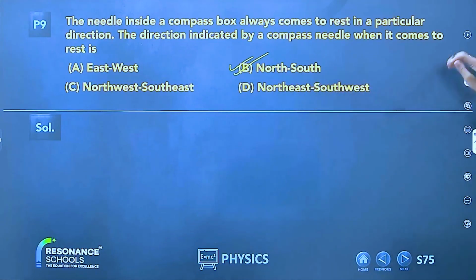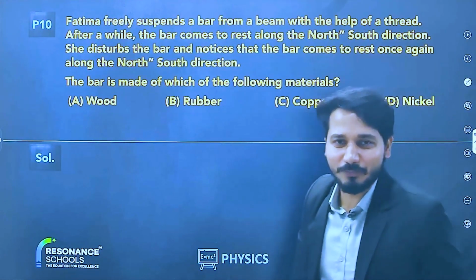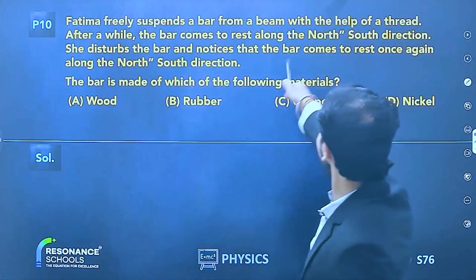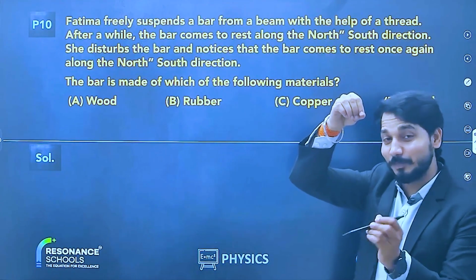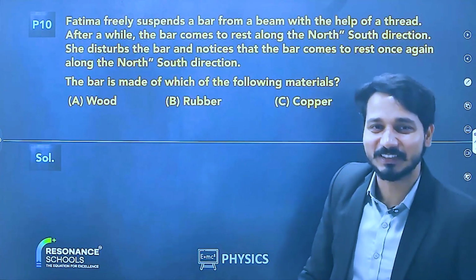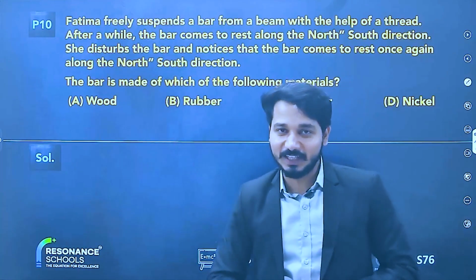Next. Fast. We'll finish. Question 10. Fatima freely suspends a bar magnet from a beam with the help of a thread. Properties of a magnet: after a while, the bar comes to rest along the north-south direction.